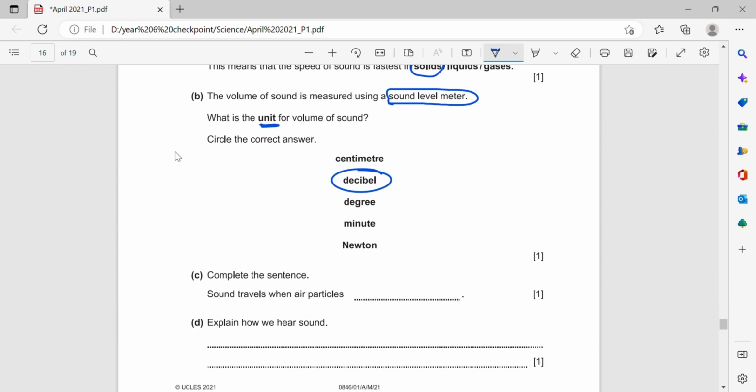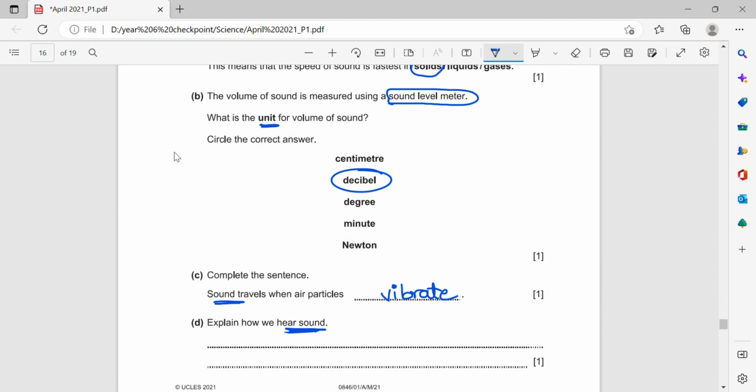Complete the sentence. Sound travels when air particles. What is the keyword for sound? Great, vibrate. Okay. Explain how we hear sound. What happens? How do we hear sound? Remember the drawing of compression and rarefaction. So what happens to the sound waves?